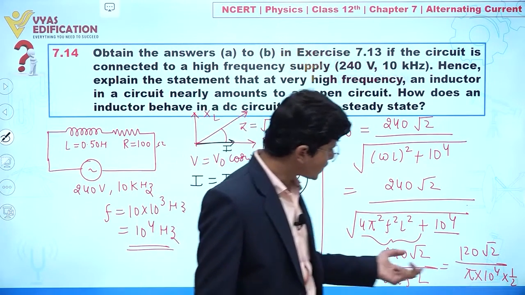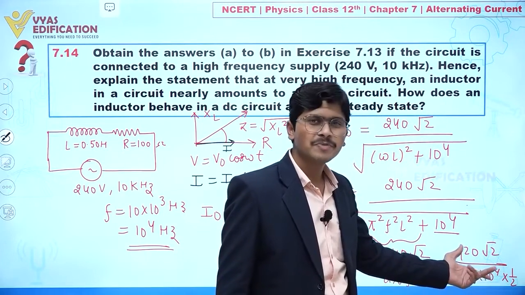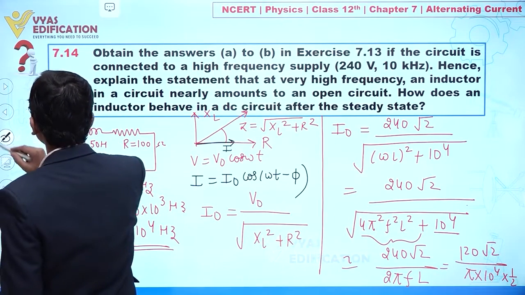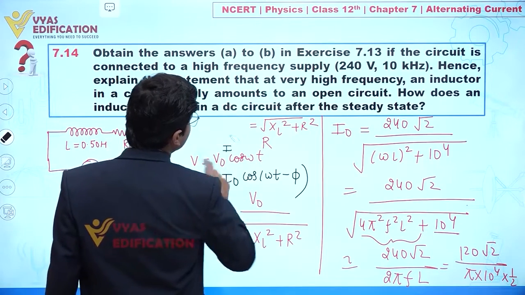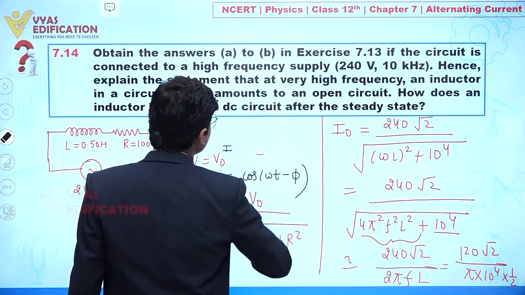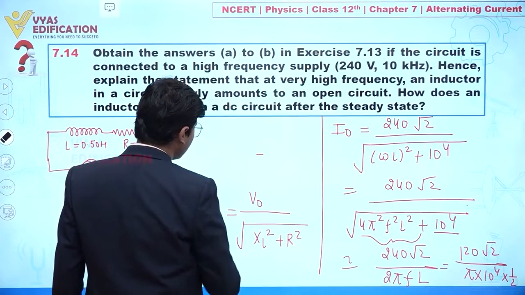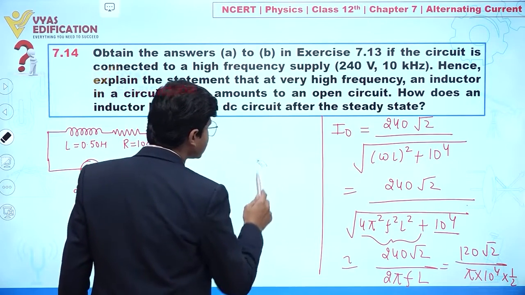And definitely if we observe the magnitude of this current, it will turn out to be very small, yes or no? It will be small because we are using a high frequency current.